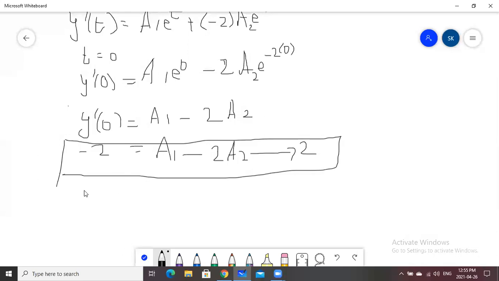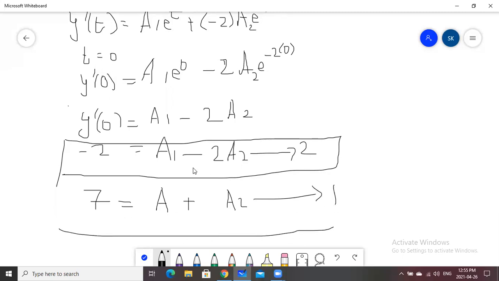We now have two equations. One is minus 2 is equal to a1 minus 2a2, and the other equation is 7 is equal to a1 plus a2. This is equation number 1. We can solve both these equations by subtracting from each other.